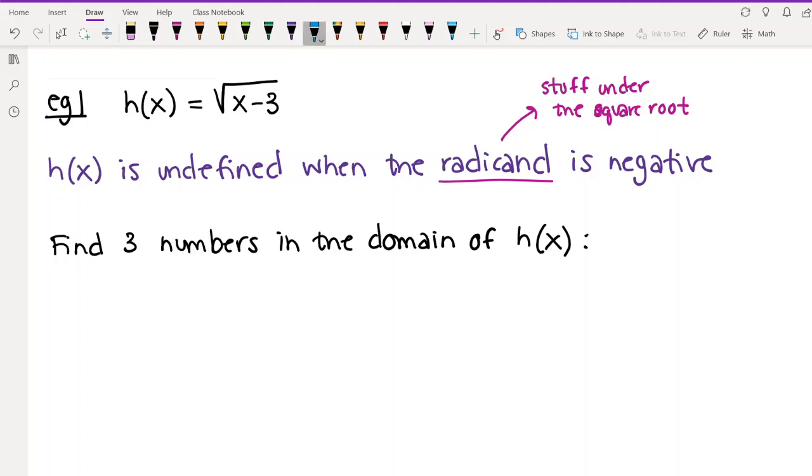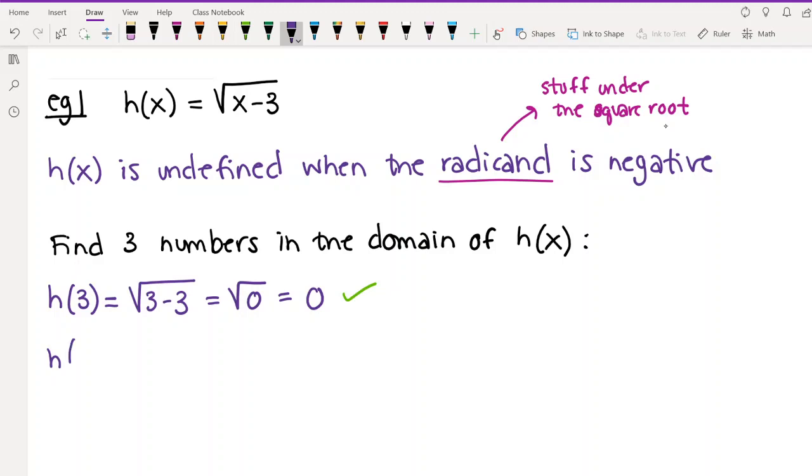We're looking for numbers that when we plug them in, we get something positive or possibly 0. So one number that would work would be 3, right? We just talked about it. If you plug in 3, you get the square root of 3 minus 3, which is the square root of 0, which is 0. So that is fine. That is defined. So what about if we plug in, let's say, 4?